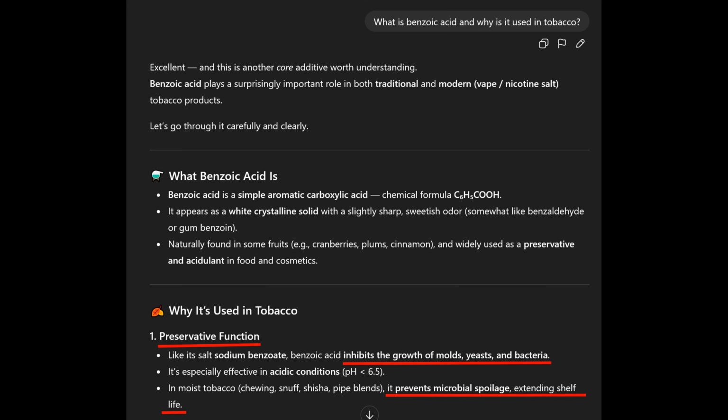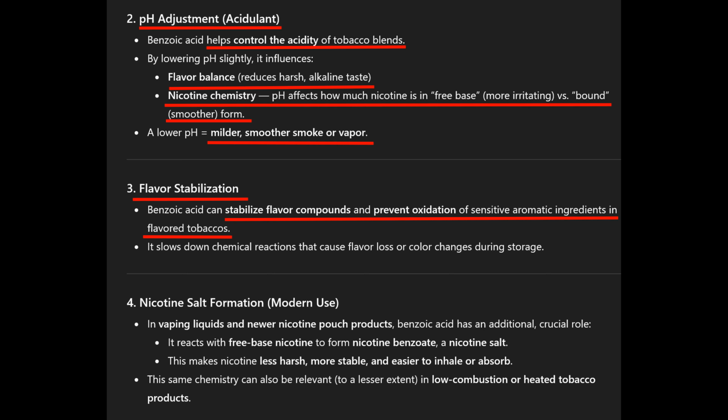I think that is very important, especially for those who like to age their tobaccos. Okay, so let's get further to the second screenshot about the benzoic acid, and here it says that it has also a pH adjustment, and it helps control the acidity of tobacco blends. Again, something very important. By lowering pH slightly, it influences flavor balance.